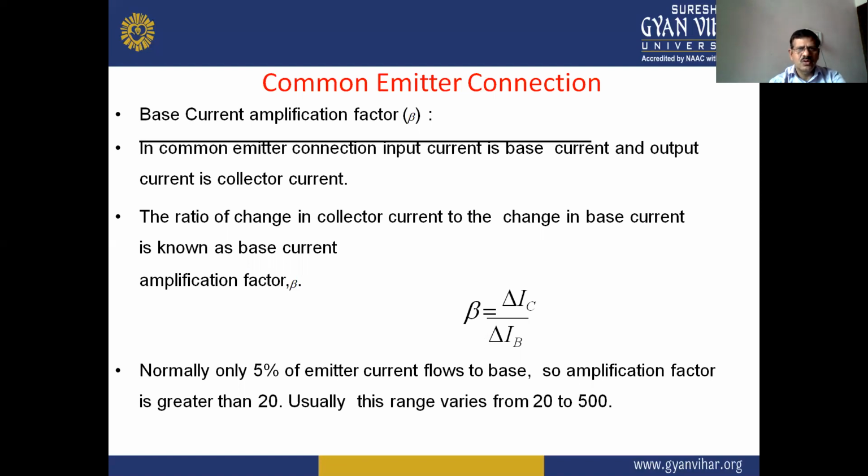So the ratio of the change in collector current to the change in base current is known as the base current amplification factor, beta. Beta equals the change in collector current to the change in base current, that is, the change in output current to the change in input current.